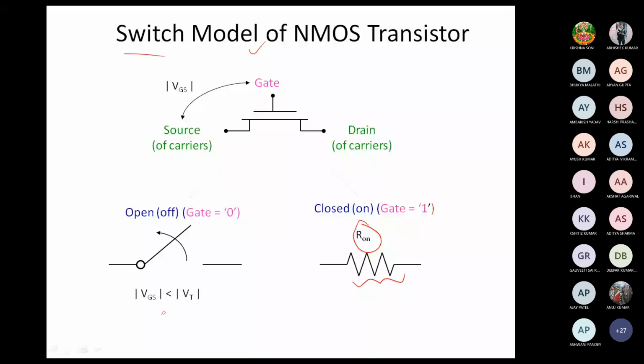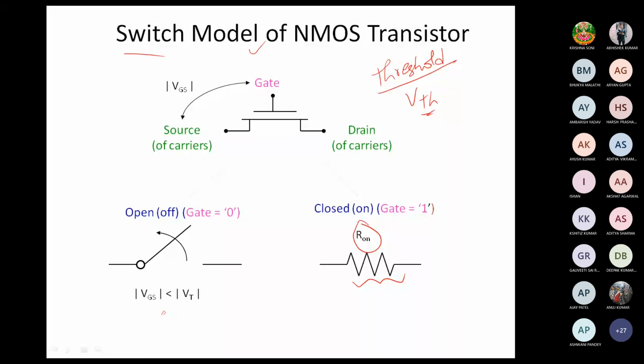VT is the threshold voltage. So a threshold, something called the threshold voltage, is required. This is already known to us; we are just reviewing the concept here. Threshold voltage VTH.